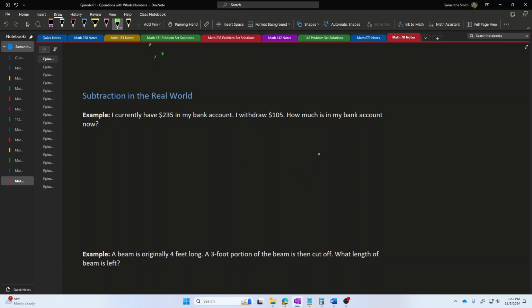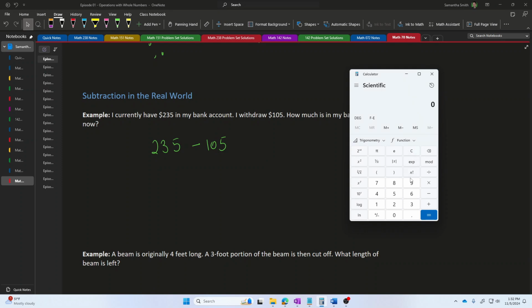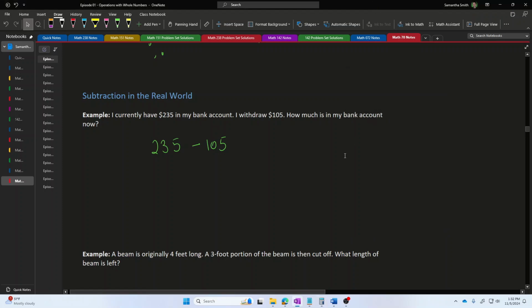To answer that question, I can take $235 and I could subtract the amount that I withdrew. 235 minus 105, the difference between 235 and positive 105, I can calculate this quantity using a calculator, and if I do that, I get 130 units. Here, $130 will be left in my bank account after I make this withdrawal.